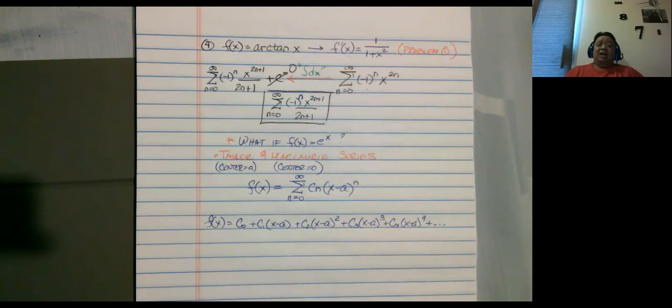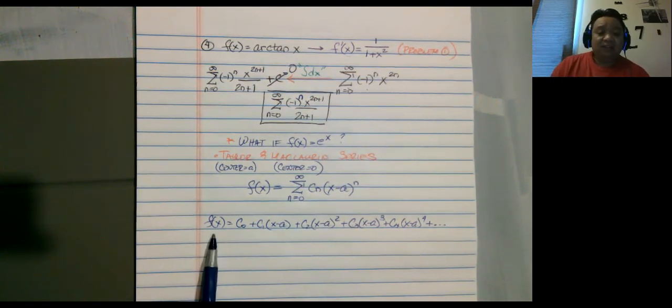Now the idea here is, for any function to be represented as a power series, the key part is figuring out what the coefficients are going to be for each one of your functions. To do this, we can impose conditions, and really that's what Taylor and Maclaurin did, on what your polynomial is going to satisfy.